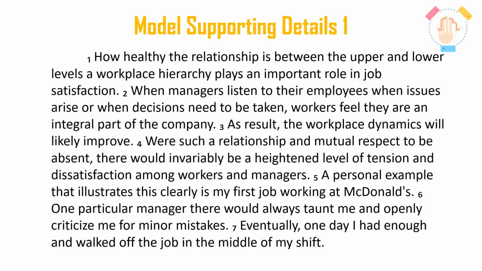In this paragraph, the main idea is job satisfaction is influenced by the strength of the relationship between the managers and employees. So that's the main idea. And this is expressed in the first sentence, which is where it should be, where it belongs. The sentence that follows the topic sentence clarifies it by illustrating one spectrum of the idea.